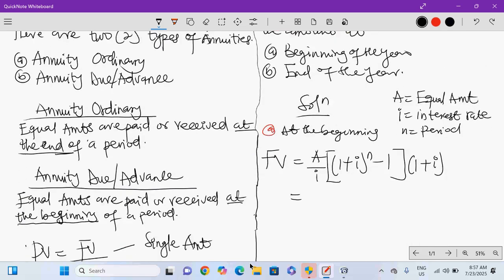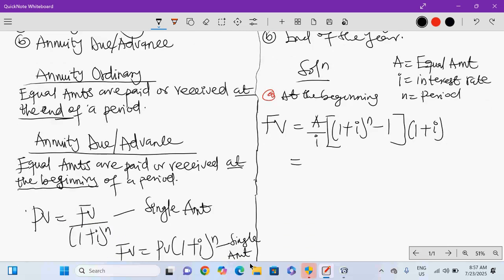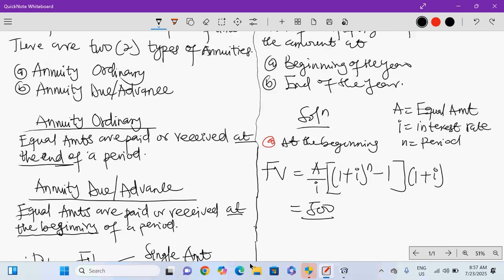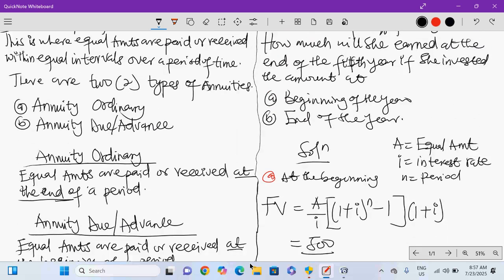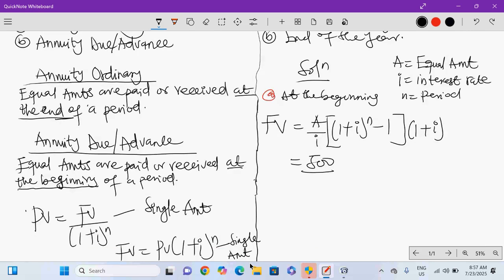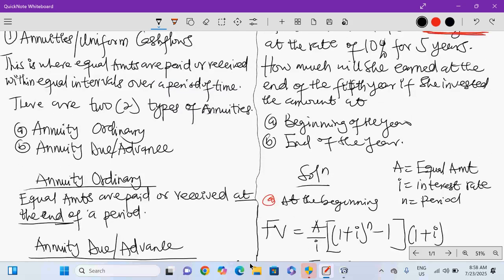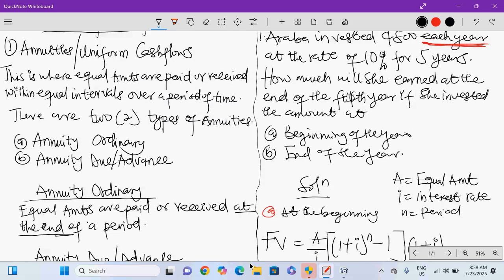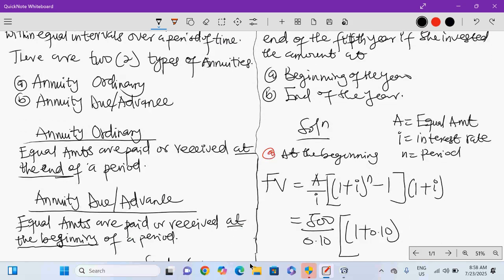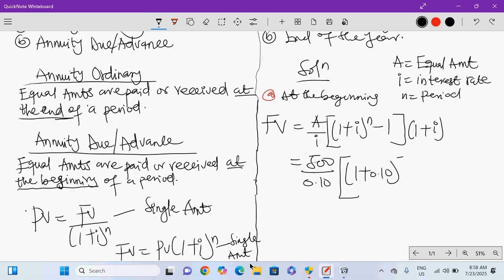So 500 over the interest rate of 10%, which is 0.10. Then we have 1 plus 0.10 to the power n. What is the number of periods? For how many years? 5 years. So the 5 years, then minus 1.